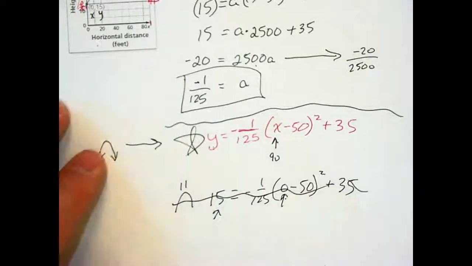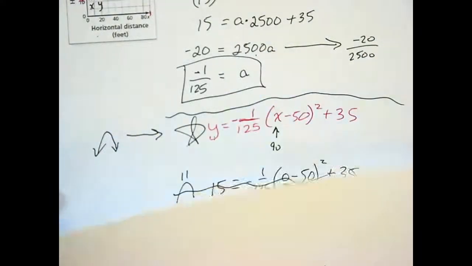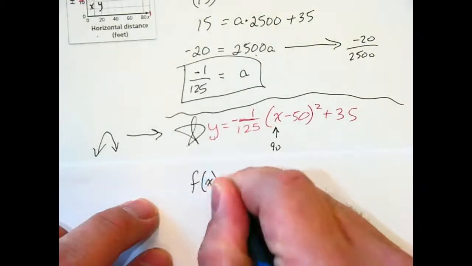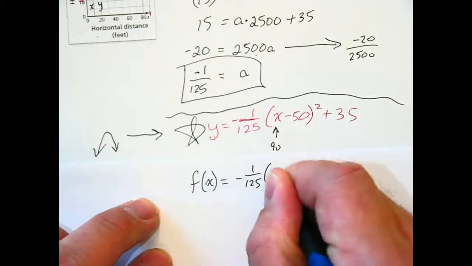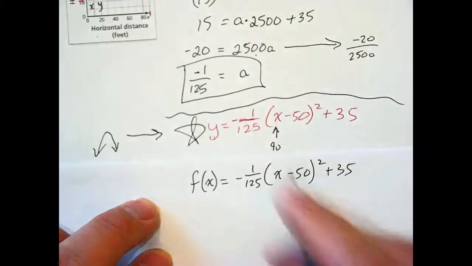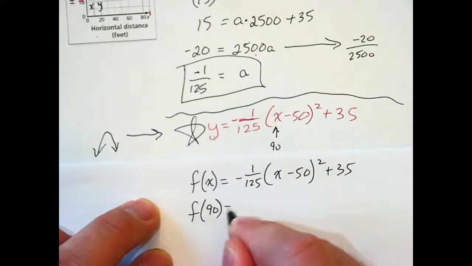Okay? So if we want to think of it as function notation, because we're cool like that and we know functions, we could write this as f of x equals negative 1 over 125. And really, if we're trying to find 90, that means we're finding f of 90.